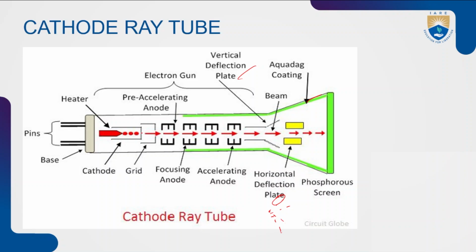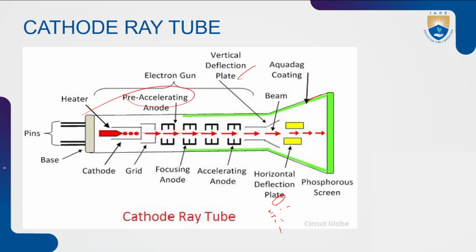This electron beam tries to meet the anode potential. In the anode, we have three types: pre-accelerating anode, focusing anode and accelerating anode. Before the accelerating anode, we have the pre-accelerating anode.